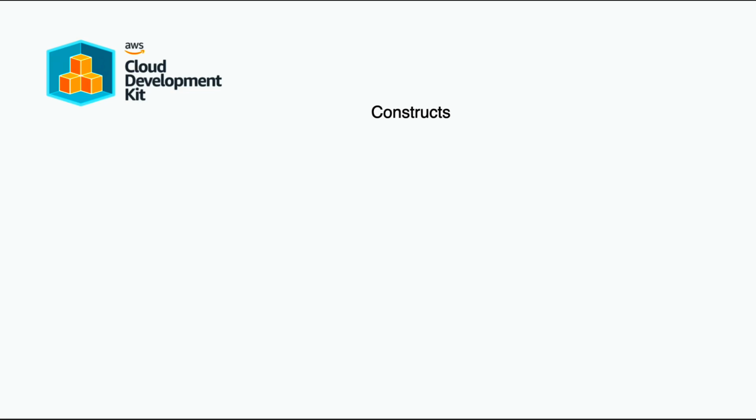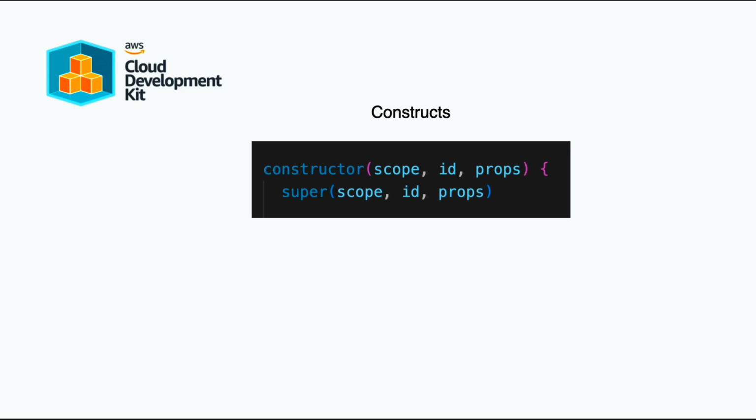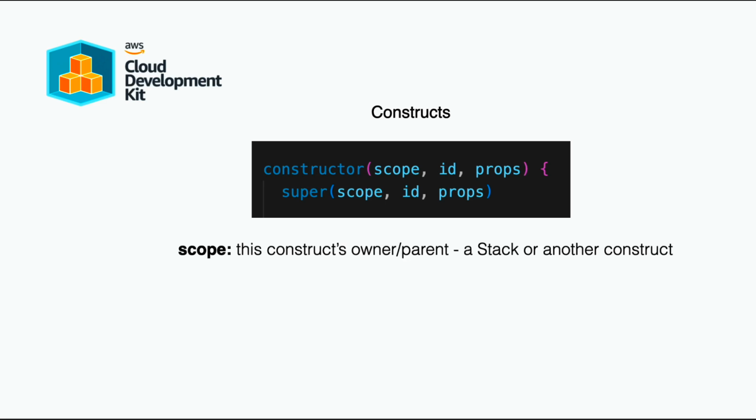And going back to constructs, to instantiate a construct, you always need 3 arguments: scope, ID, and props. Scope is the construct's owner, which can be a stack or another construct.